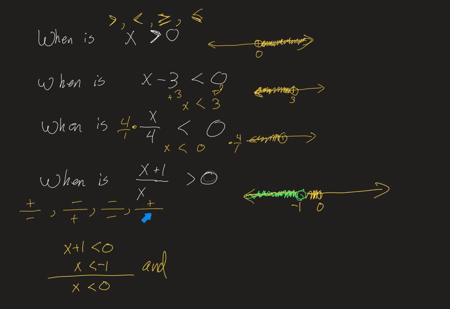Now I've got to find out where they are both positive. We'll do red. So where are they both positive? So where is x plus 1 greater than 0? That makes it positive. Subtract 1, x is greater than negative 1. That's in the numerator. In the denominator, we want to know where is x greater than 0.